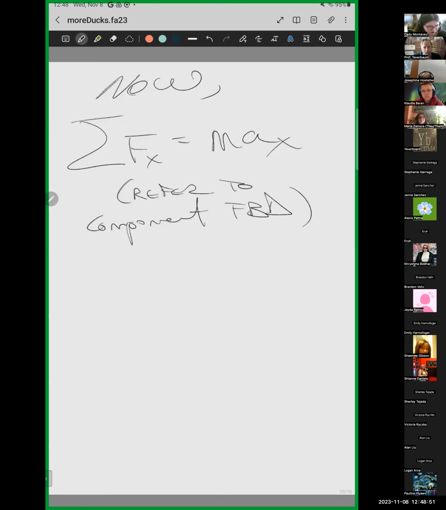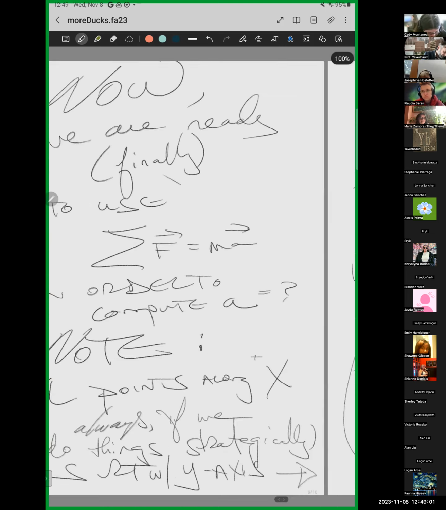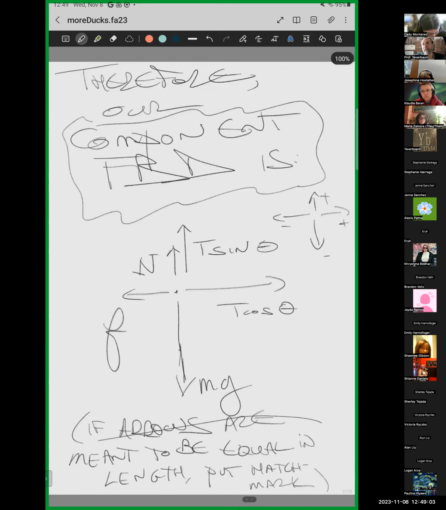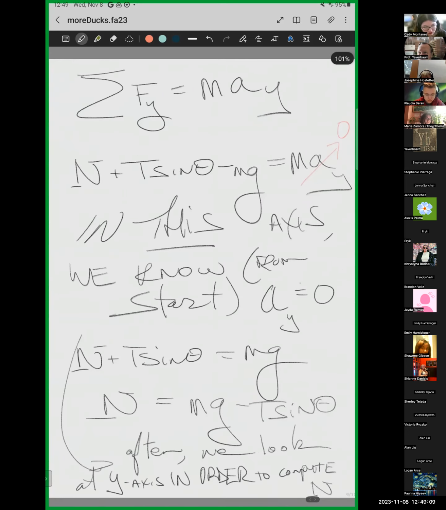so in the component diagram, we have, here it is, we have T cosine theta pulling to the right, and we have friction pushing to the left. And they're not equal. I just flipped it, sorry, fast. But back to Maria's question again, and Katie's response, I don't have any reason to assume those two arrows are equal.